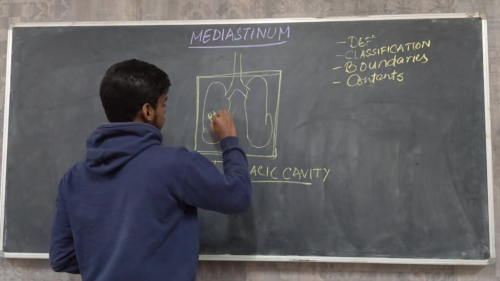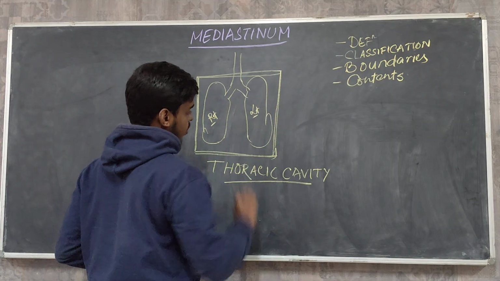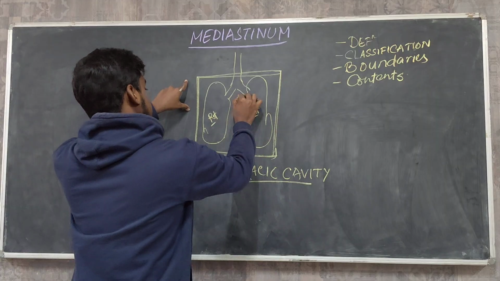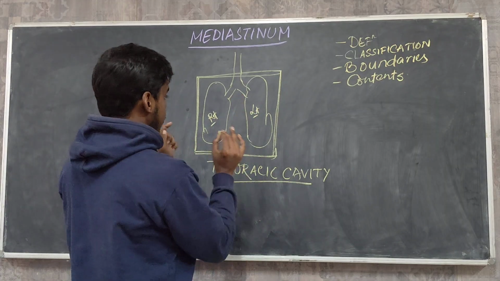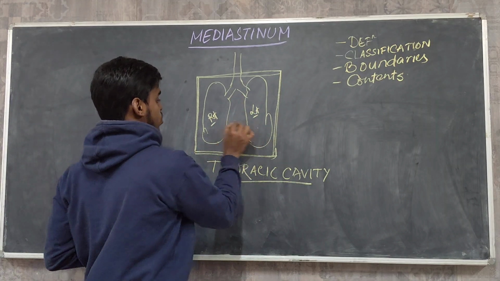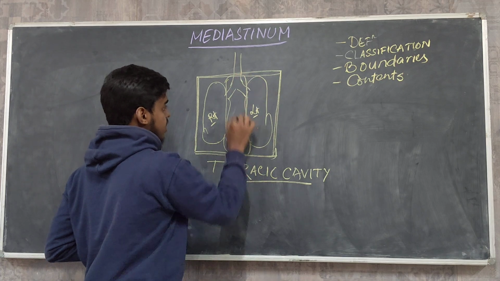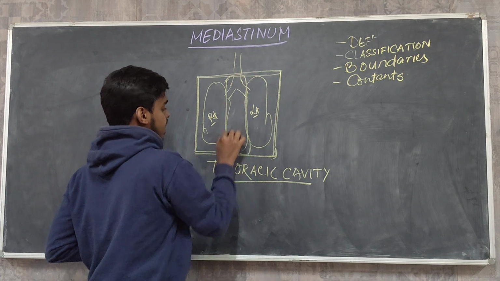One is right lung, one is left lung. Now, the space between the thoracic cavity in between two lungs is known as the mediastinum. So this is termed as the mediastinum.